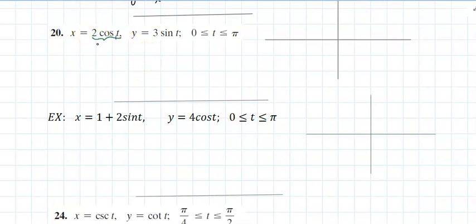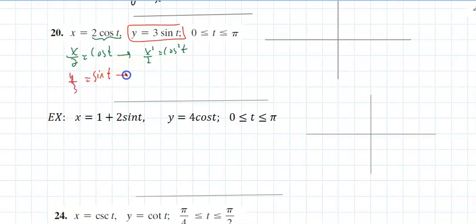So if I isolate the cosine by itself and I square both sides, I'm looking at cosine squared of t equaling x squared over 2. If I isolate the sine by itself, sine of t would equal y divided by 3, and if I square both sides, I'll get y squared over 9 equals sine squared of t.